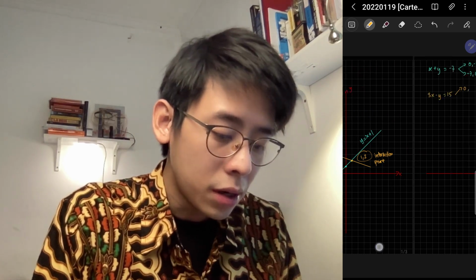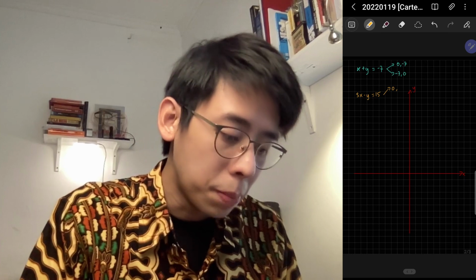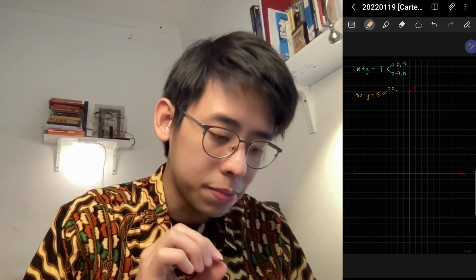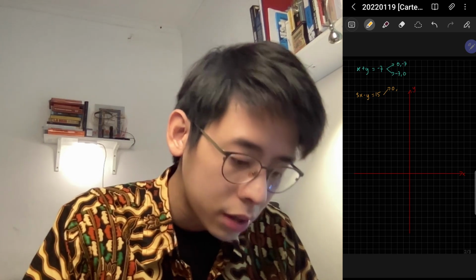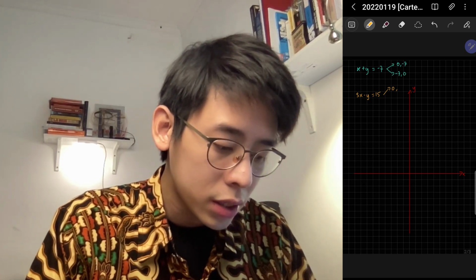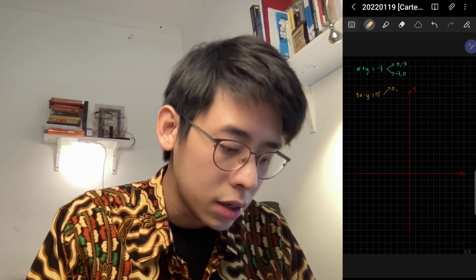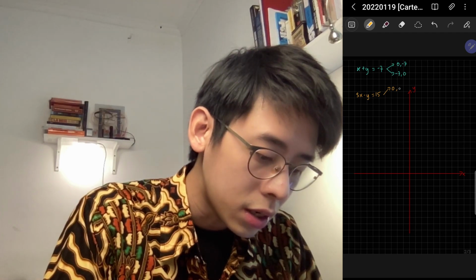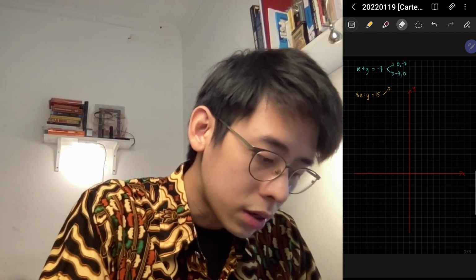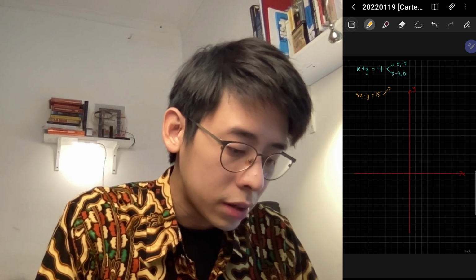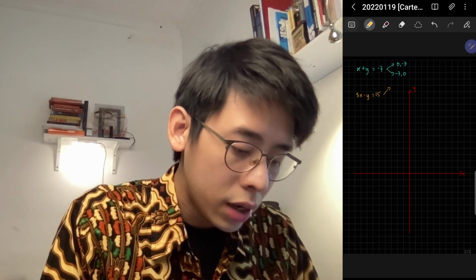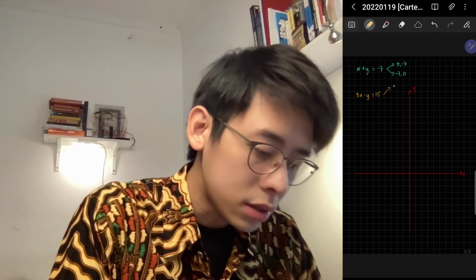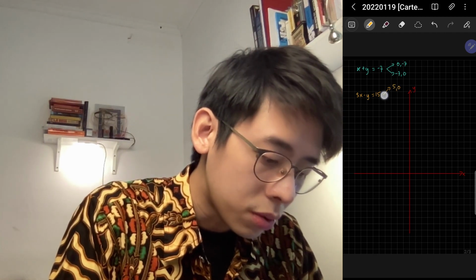Okay, and then another example. I've made some coordinates previously to make it quicker. In this case, if y is 0, then x is 5. So (5, 0).